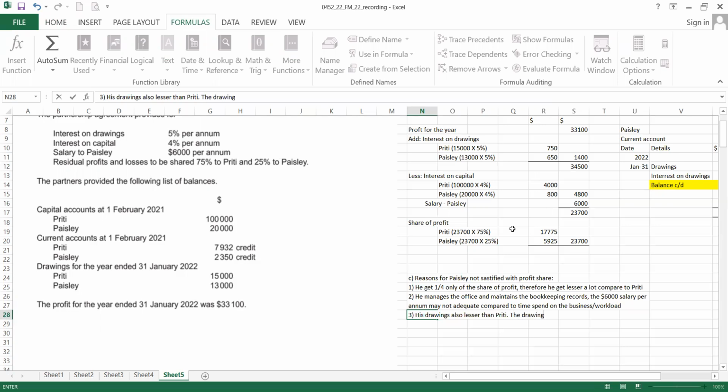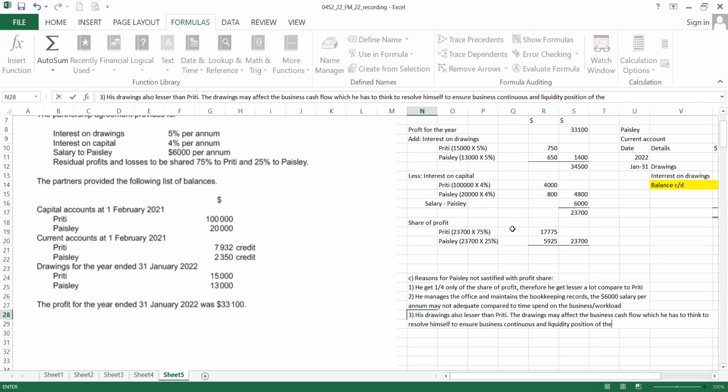The drawing may affect the business cash flow, which he has to think to resolve himself, to ensure business continuity and the liquidity position of the business.